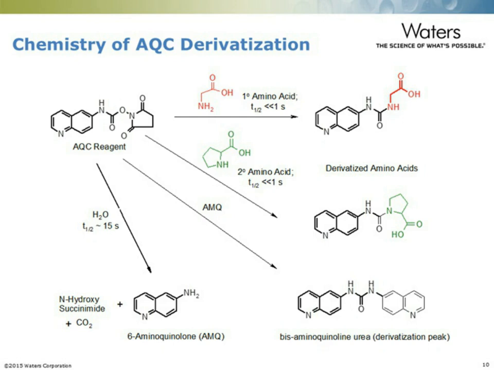There is a reaction of the reagent with AMQ to give what we label in the chromatogram as a derivatization peak. The reaction is very fast, occurring on the order of tens of milliseconds, and the reaction with water to eliminate the excess reagent is complete in a matter of seconds.